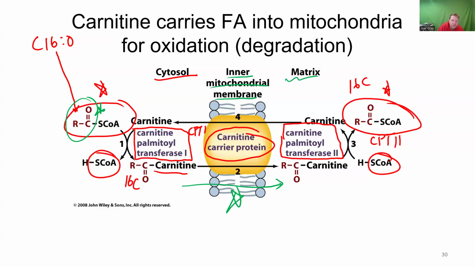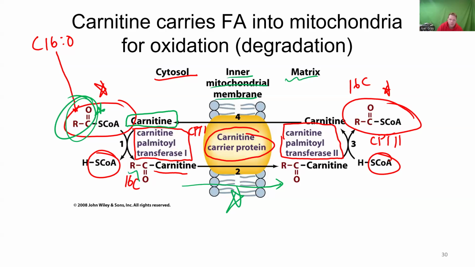And the thing that we attach it to is known as carnitine. Carnitine is an example of a non-proteinogenic amino acid. This is not involved in proteins or anything like that, but imagine this as just a molecule that you can easily modify and add a 16 carbon long chain to it.